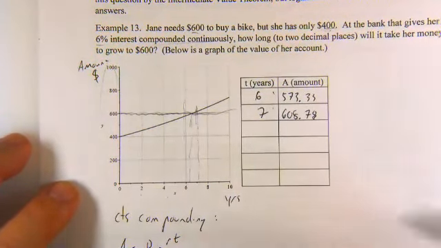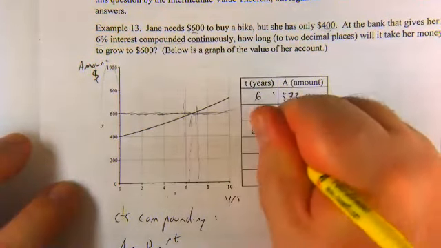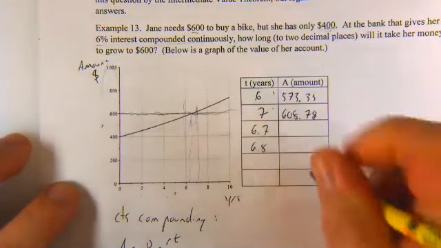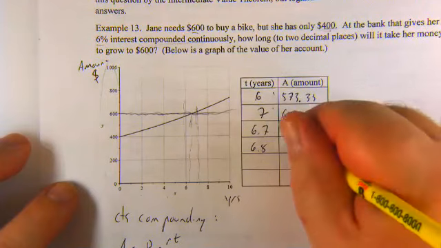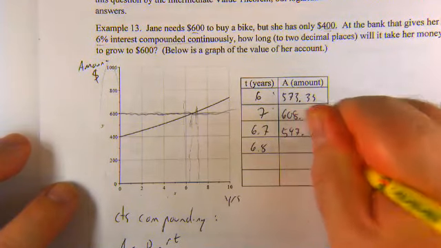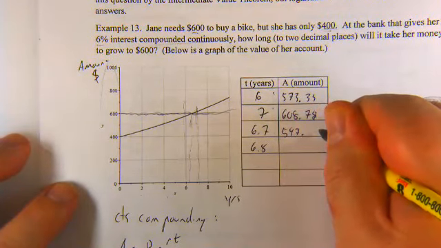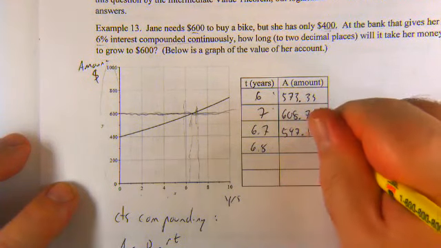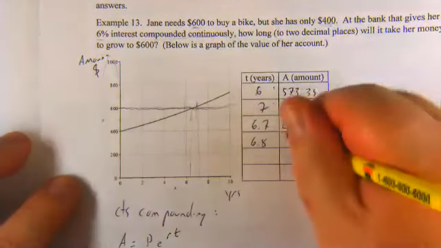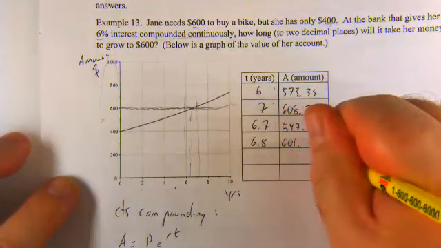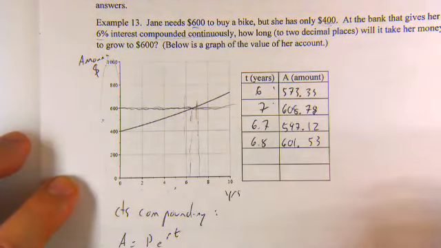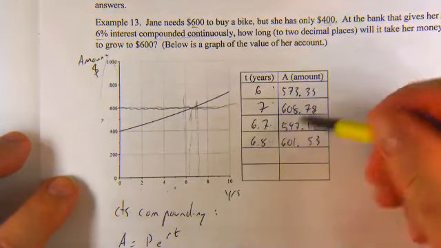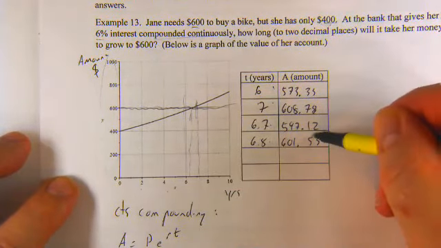You can narrow it down a little bit, and this is what the intermediate value theorem is, really. At 6.7 years she has $597.12, and after 6.8 years she has $601.53. So somewhere between 6.7 and 6.8 years, she hits 600 exactly.